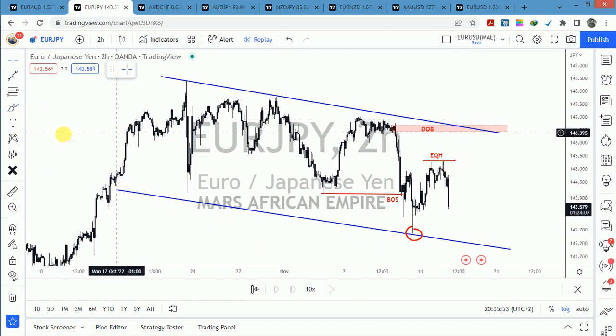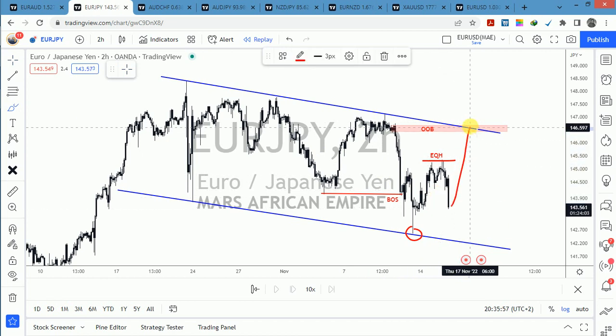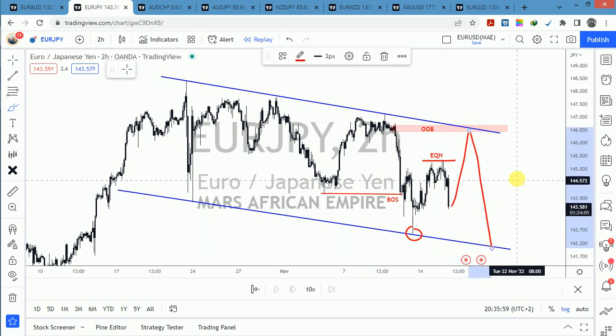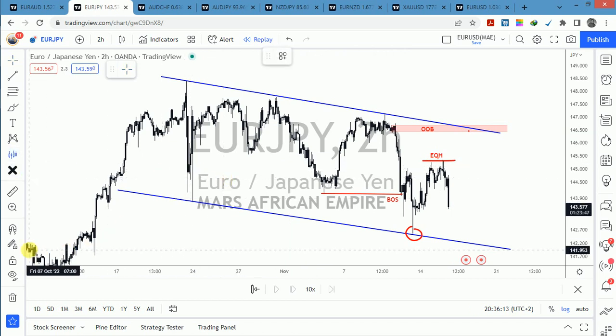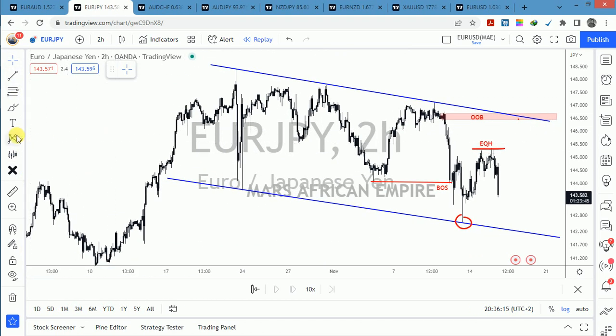But if it goes up, which we are anticipating, we are hoping for it to use that order block there, and then that's when it can continue to drop. So we are hoping to see it taking out the equal highs there and then use the order block to drop.